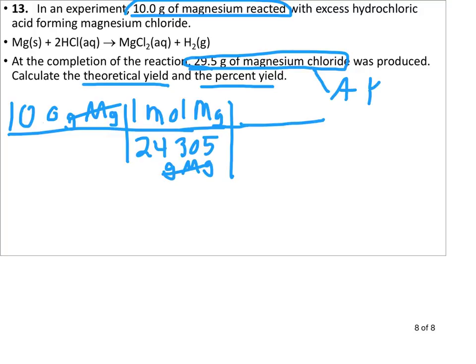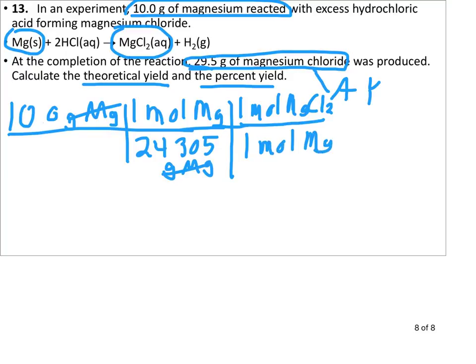You always want to make sure it's balanced. So in this case we have 1 mole of magnesium and 1 mole of magnesium chloride, because that's what we're trying to end up with. So 1 mole MgCl2 for every 1 mole Mg. 1 mole Mg divides out to 1 mole of Mg.